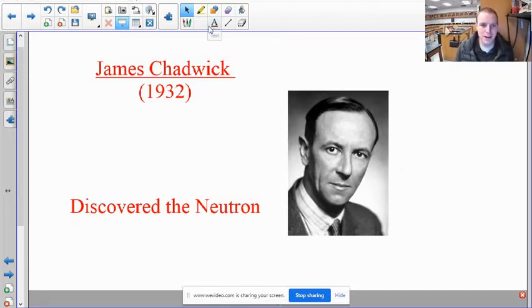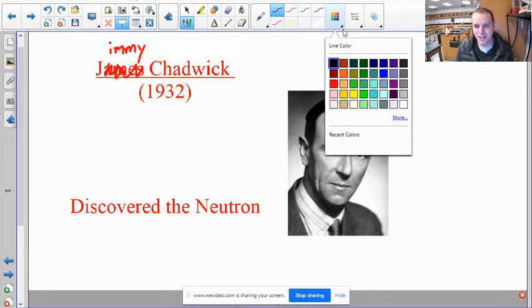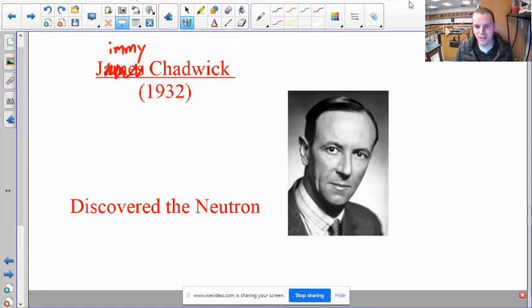Now, here's some interesting fun facts about James Chadwick. And you know what a nickname is for James? Jimmy. So his buddies call him Jimmy. And you start looking at this guy, you're like, man, he has a long face. He's got a really long face. You ever notice that? Look how long this man's face is.